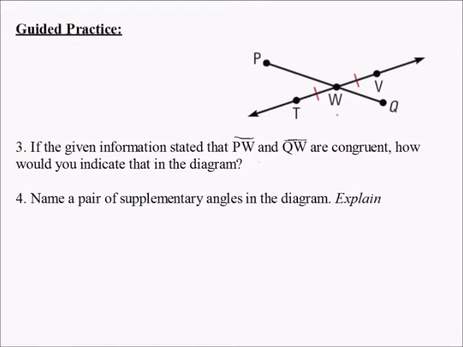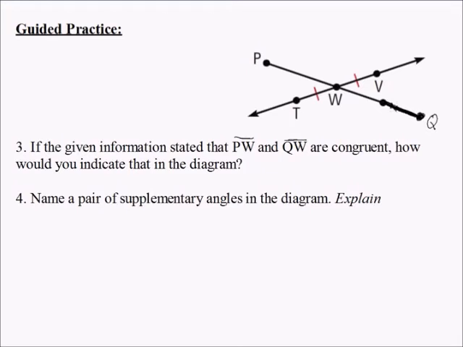Well, if you guys remember these little dashes, we can't use 1 dash and 1 dash. So if I extended this out, okay, let's extend that out, and let's make this point Q. First and foremost, we're going to want to make it look like they're congruent.